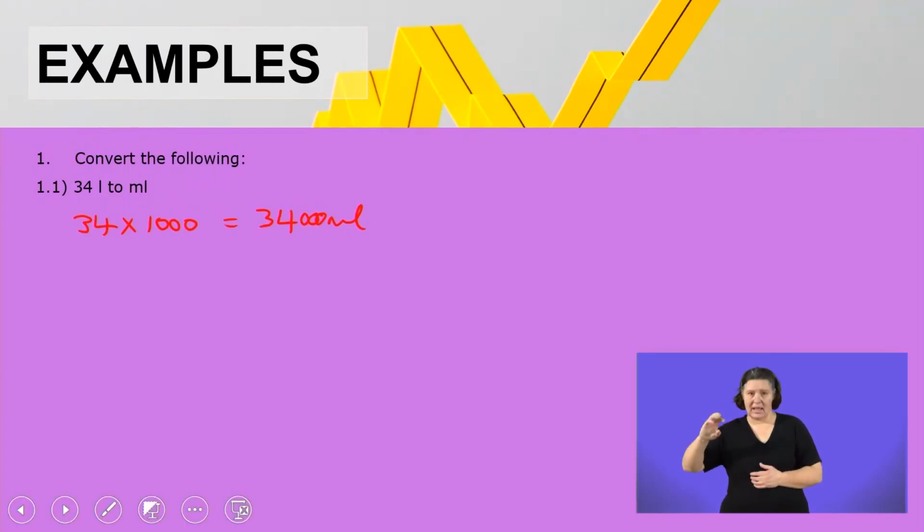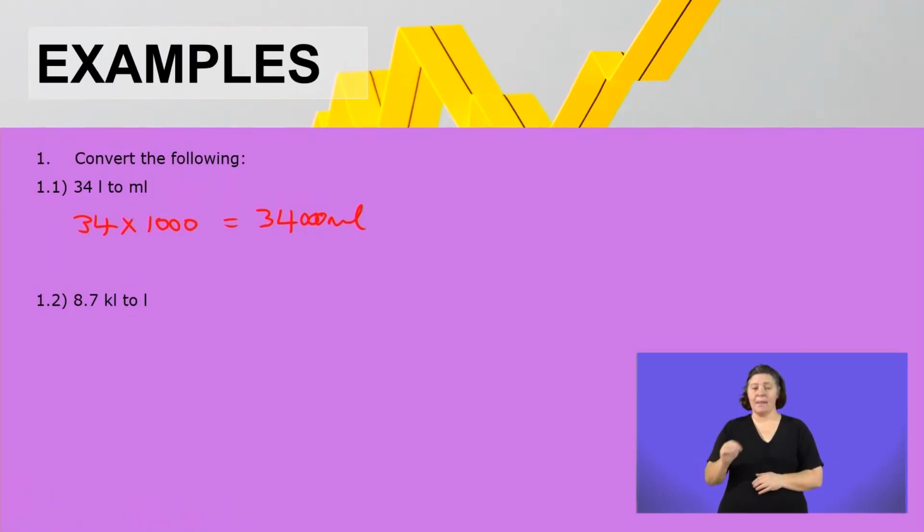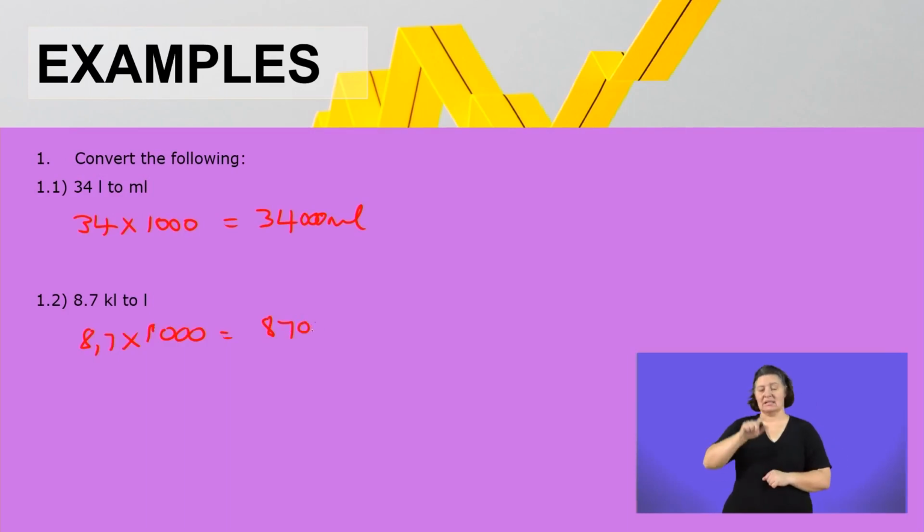Then I have 8,7 kiloliters, which I must convert to liters. Again, I'm converting from big to small, so I multiply. The conversion factor here is 1,000, so 8,7 multiplied by 1,000 gives me 8,700 liters.